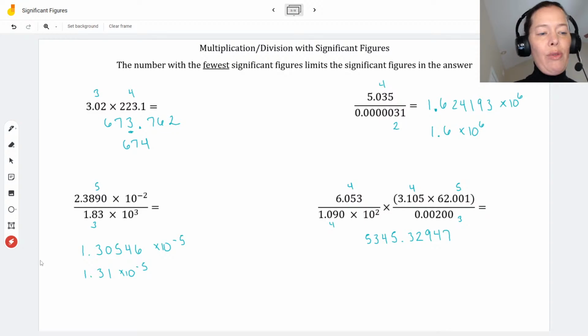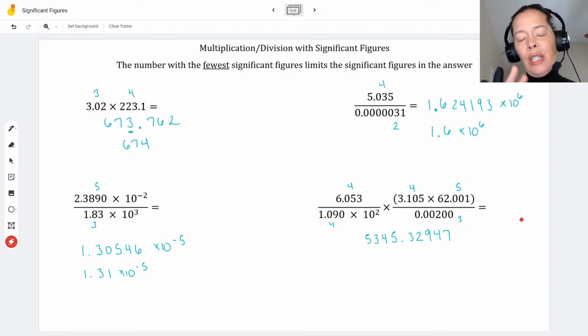Again, just reviewing these rules for zeros because I know that tends to trip people up. These are our leading zeros. They are to the right of the decimal, but they are not to the right of a significant digit. These zeros are to the right of the decimal, and they're to the right of the 2, which is a significant digit, so they are significant. So these 3 digits are the only sig figs in this number.